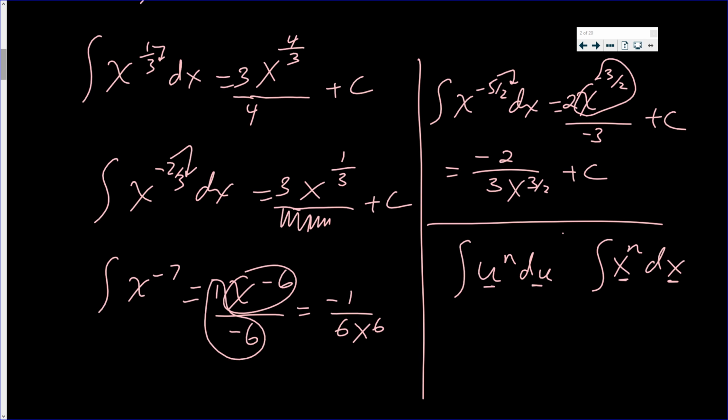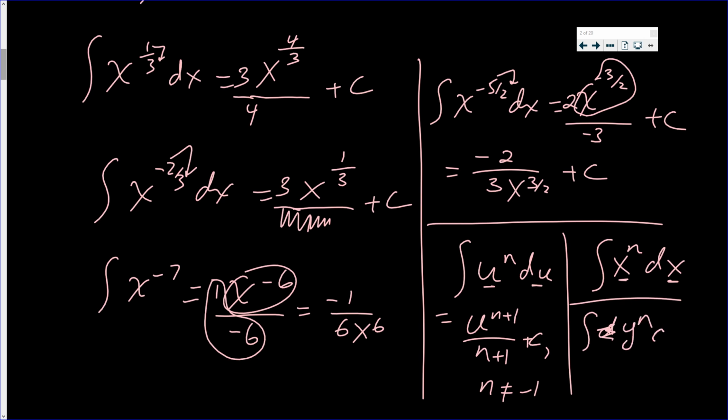Add 1 to the power, divide by the new power, plus c. And n cannot be negative 1. There's no difference between u and x, or v, or w, or y. Somebody asks you, what's the integral of y to the n dy, or let's do one more specific.